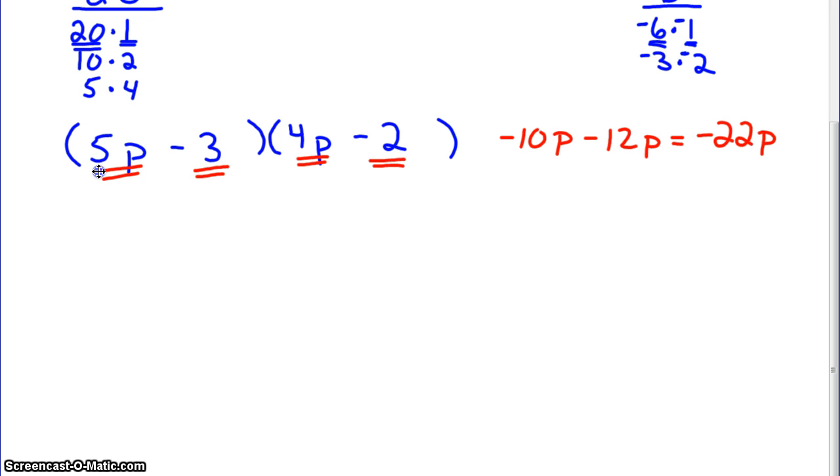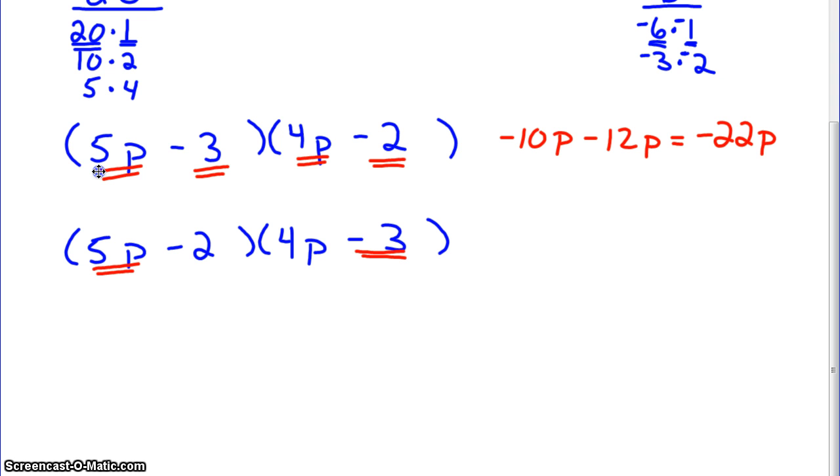So let's try keeping 5p and 4p in the same place, but let's try switching the location of negative 2 and negative 3 and see what happens. So the product of the outer would be 5p times negative 3, which is negative 15p.